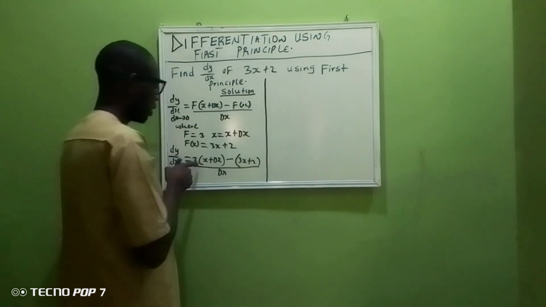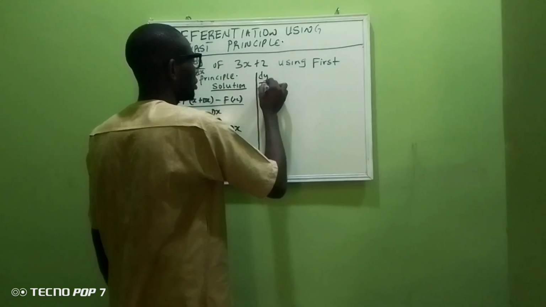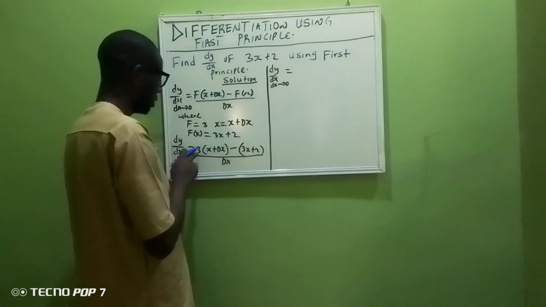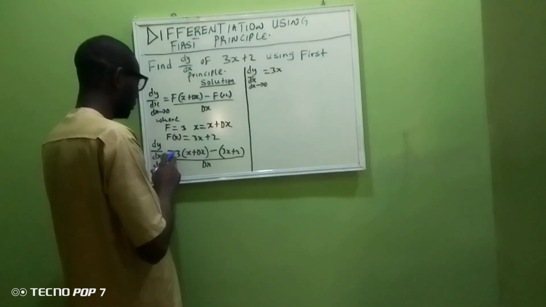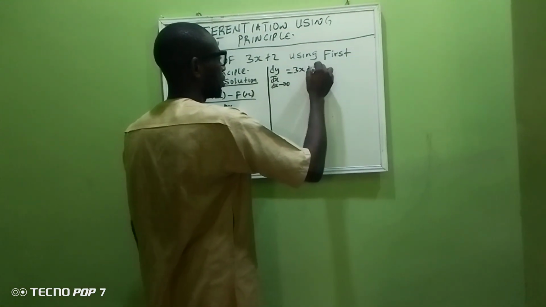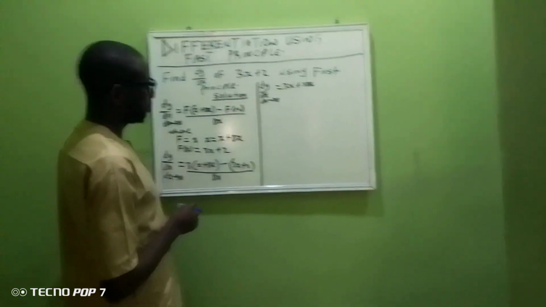Then we proceed by opening the bracket. It means that our dy/dx as δx tends to 0 will be equal to 3 times x will give us 3x. 3 times plus δx will give us plus 3δx.